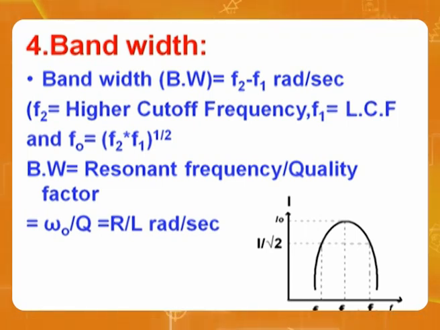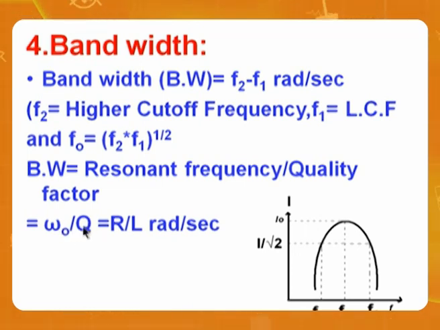That's another interesting equation. Then if you calculate omega naught by Q, you will get R by L. So please appreciate this value, how much is coming, and in the quality factor, omega naught will cancel. What is quality factor?